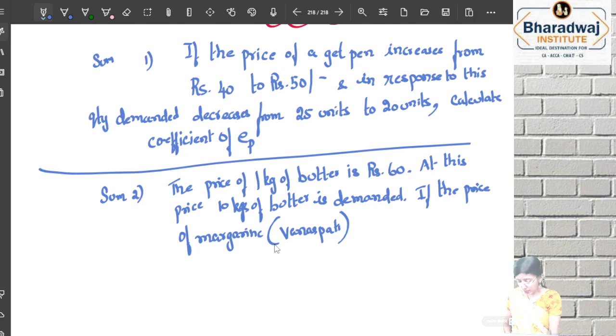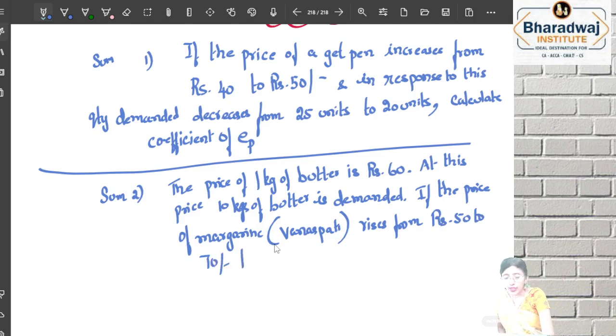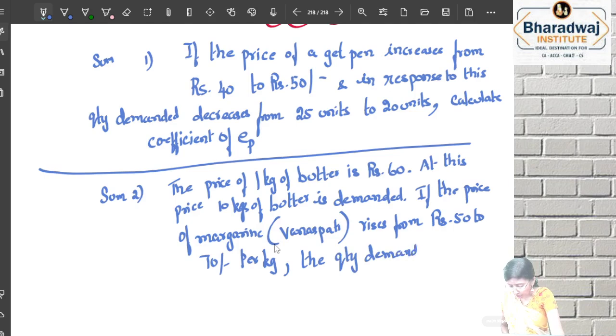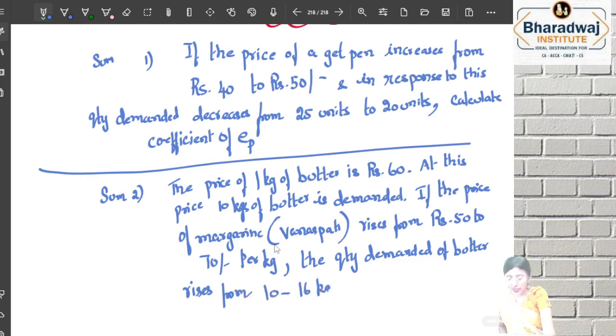If the price of this margarine rises from 50 rupees to 70 rupees per kg, the quantity demanded of butter rises from 10 to 16 kgs.